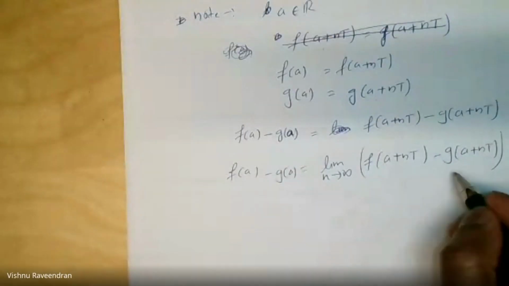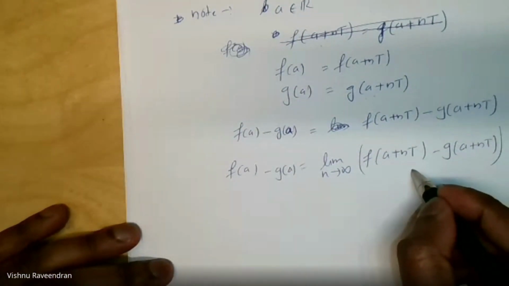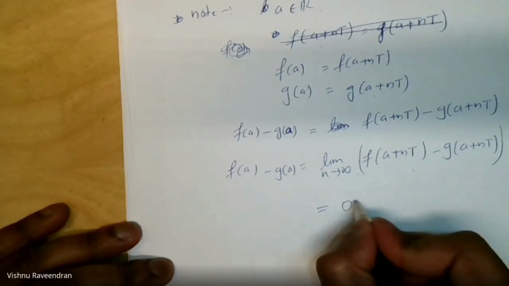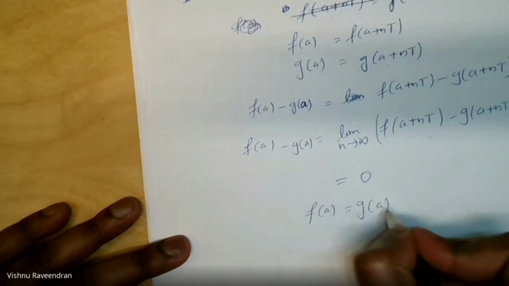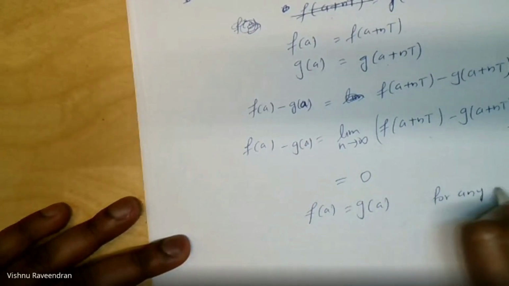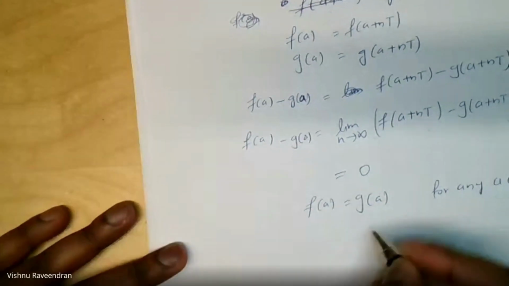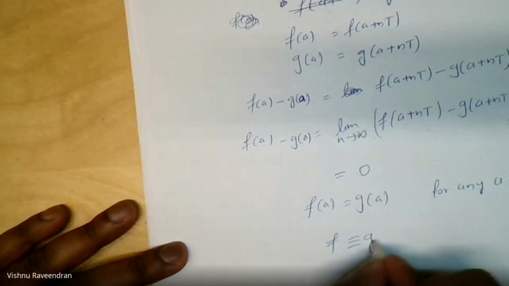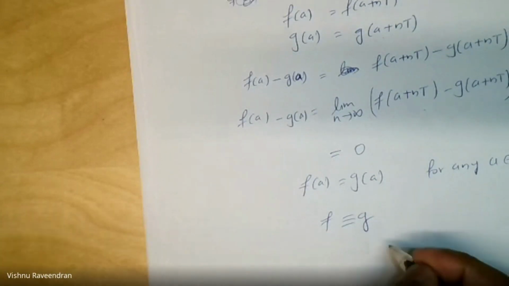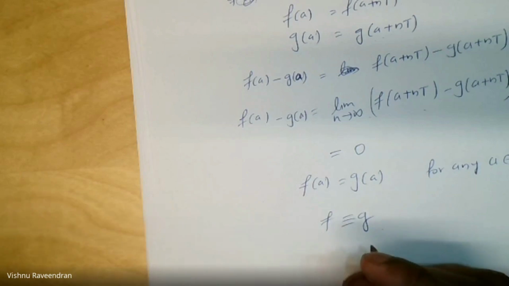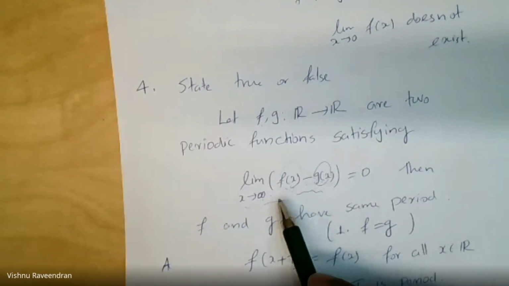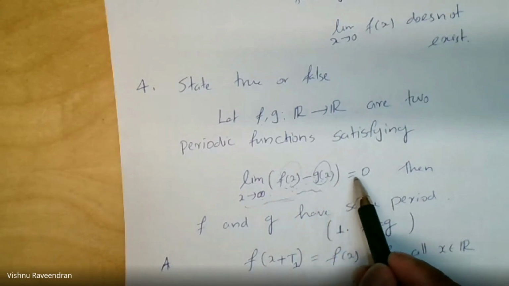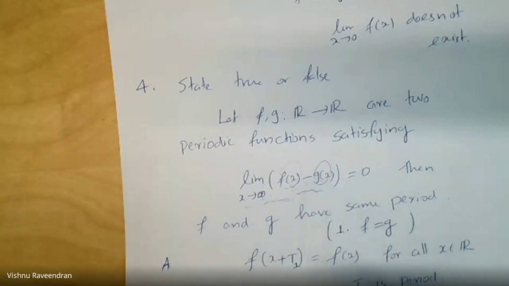We know this, so as n goes to infinity, this will also go to 0. So we get f of A equal to g of A for any A in R. So we conclude that f equals g. So if we have a periodic function and if we have this condition, as x goes to infinity f of x minus g of x equals 0, then f and g should be equal.